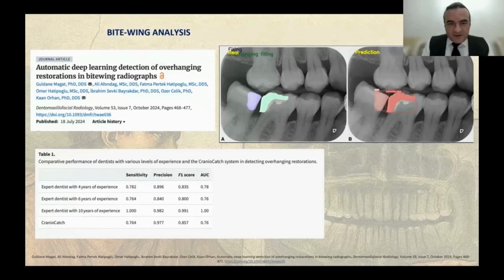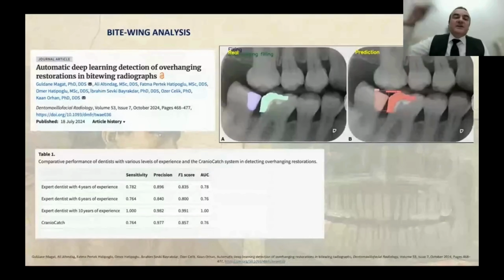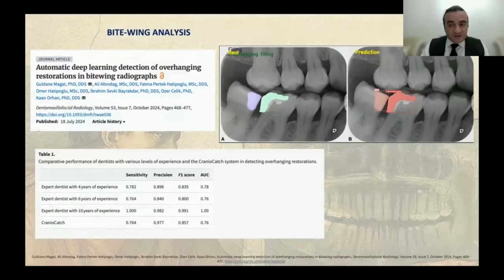I was mentioning the bitewing analysis, and one of the most important uses of bitewing analysis is detecting overhanging restorations as well. This is sometimes quite challenging because if you are going to retreat these restorations, you need to understand whether there are secondary caries lesions under these overhanging restorations.